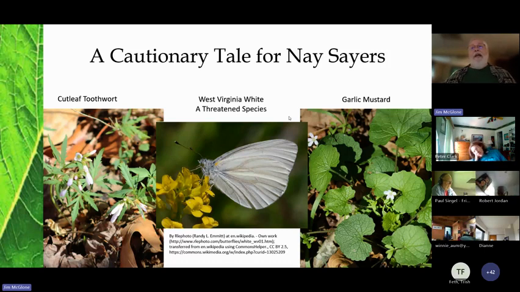And to be an invasive, it has to be doing ecological harm. And part of the ecological harm that garlic mustard is doing is that it produces a chemical that kills the caterpillars of the West Virginia white. So when the female lays its eggs on that plant, it's a death sentence for those caterpillars that hatch from those eggs.